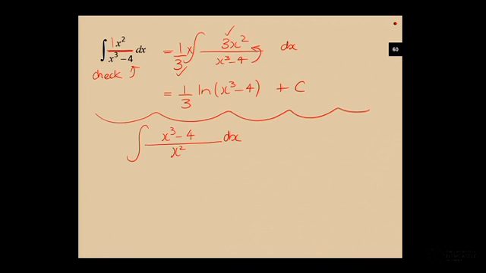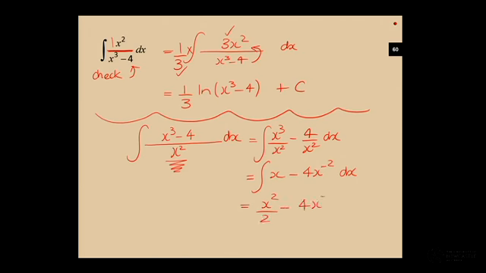And the reason why that could be done and could be in your test this week is because there's only one term on the bottom. So that means you can break this up so it looks like this. And it means that you can say this is an x, this is a 4 to the x to the minus 2. The answer to this will be x squared on 2 with an x to the minus, I've got to add 1.